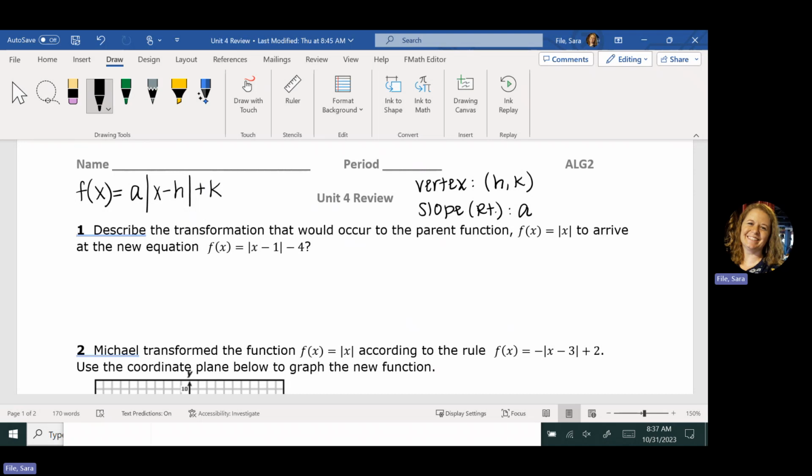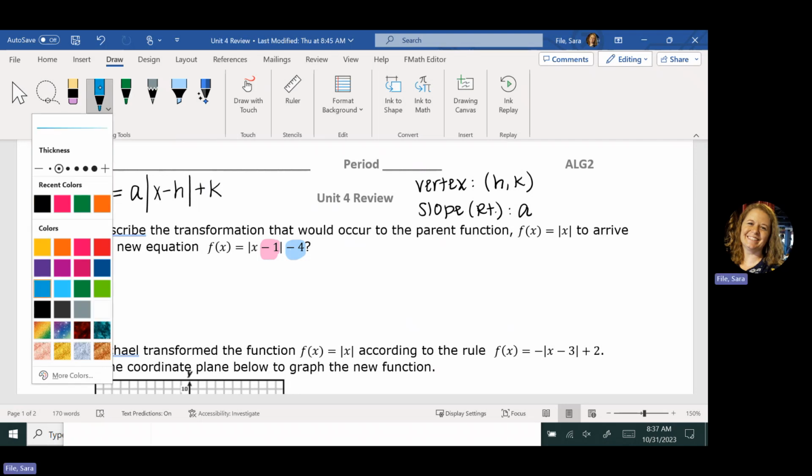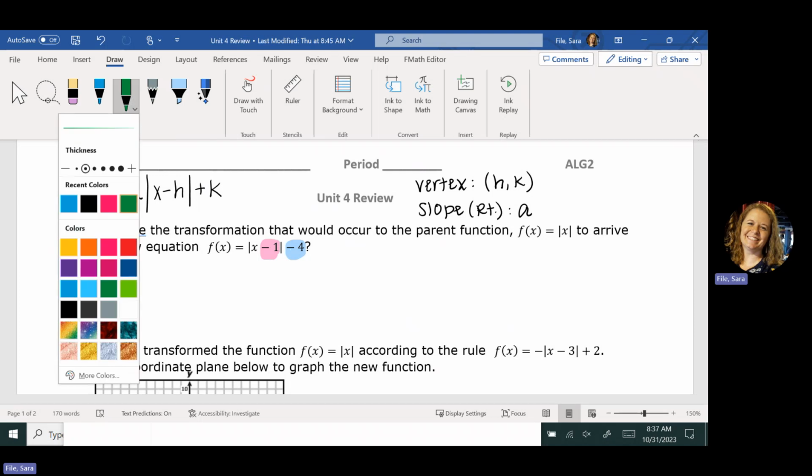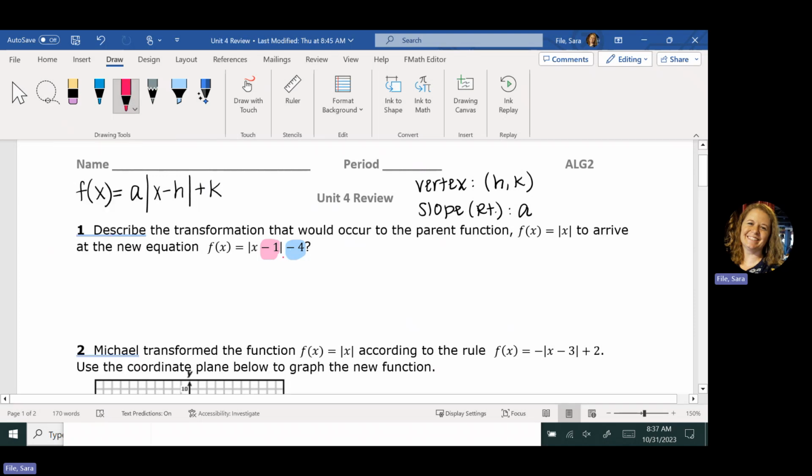All right, so here we can see inside I've got -1, and outside I've got -4. So I know that H is the opposite, K is the number on the outside.